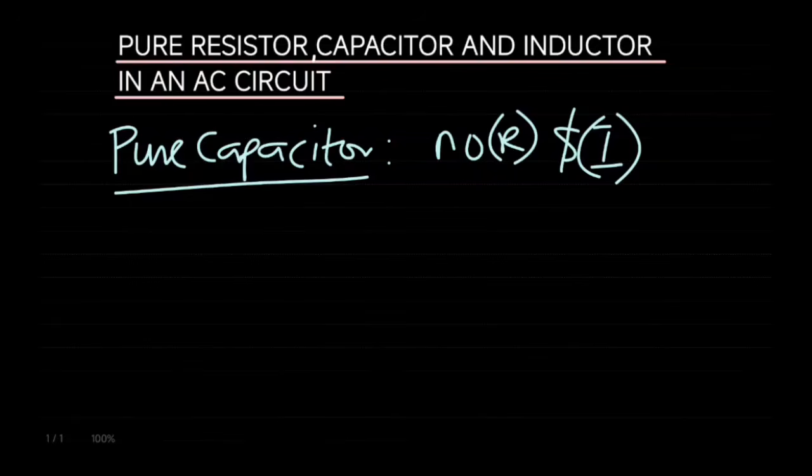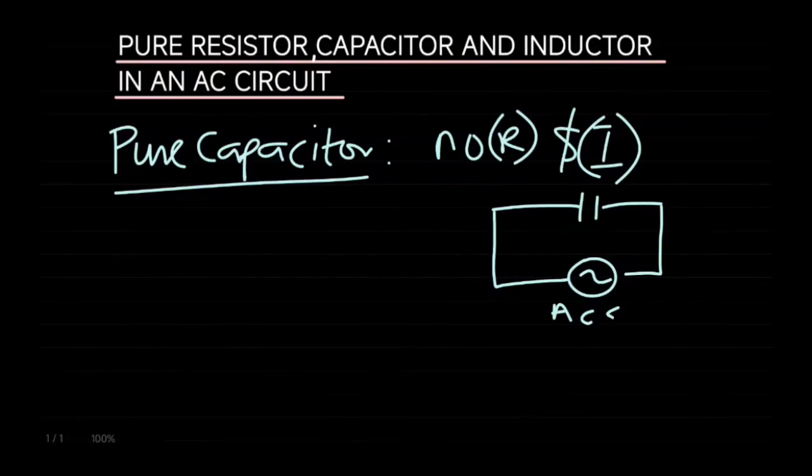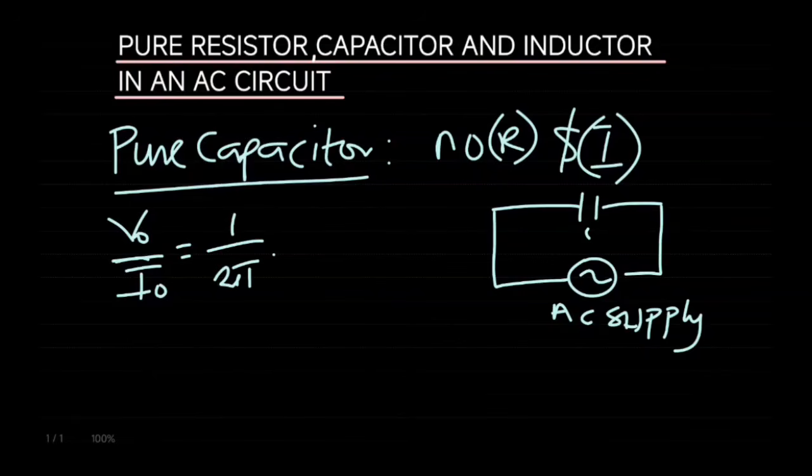Therefore, diagrammatically, it can be drawn as this, having the AC supply and we have the capacitor, measured in farad. Mathematically, this can be given as V0 all over I0 is equal to 1 all over 2 pi Fc.